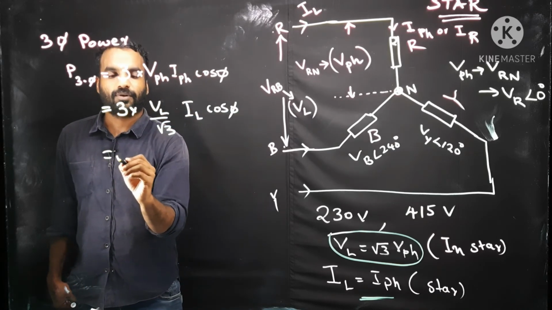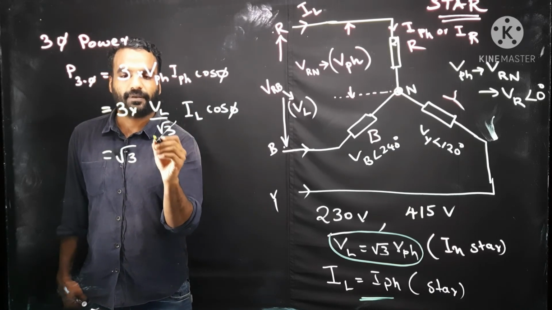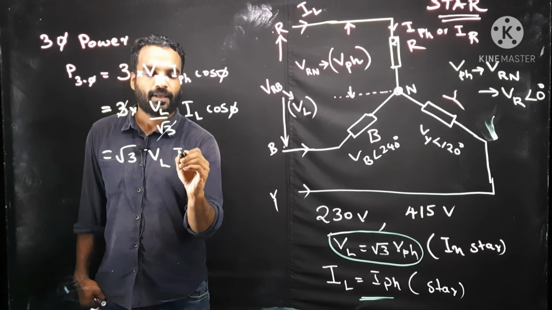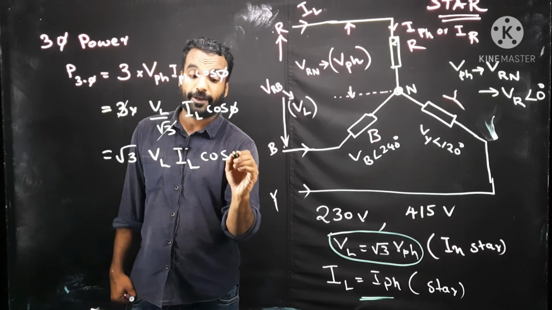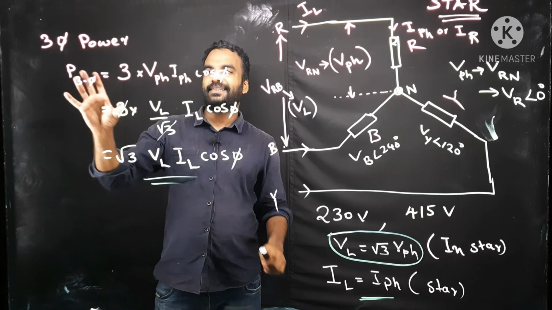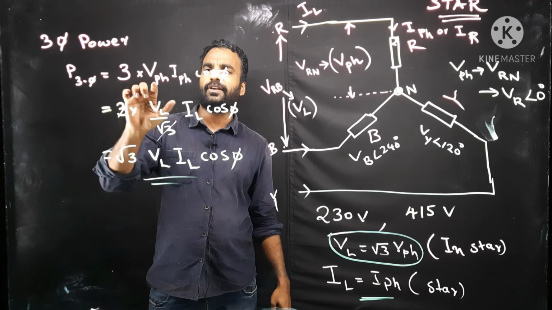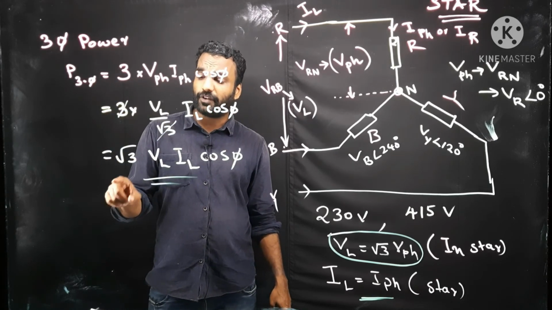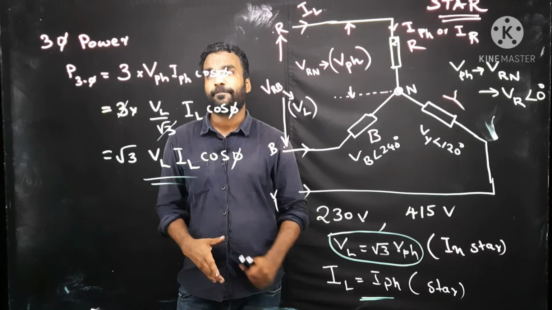Then it will become root 3. So root 3 will come here. VL IL cos phi. Very, very interesting. If it is in phase, your equation will be 3 V phase I phase cos phi. If it is line, the same equation will be root 3 VL IL cos phi.